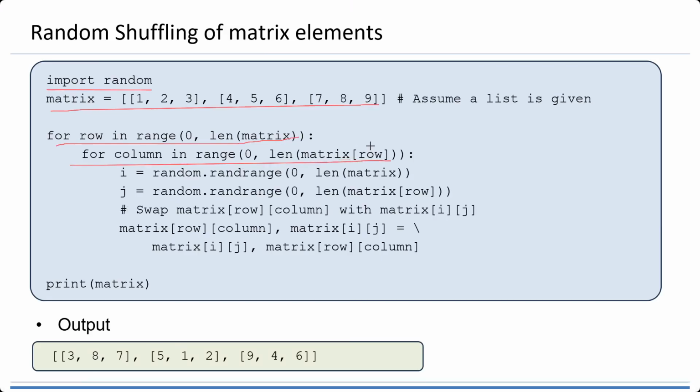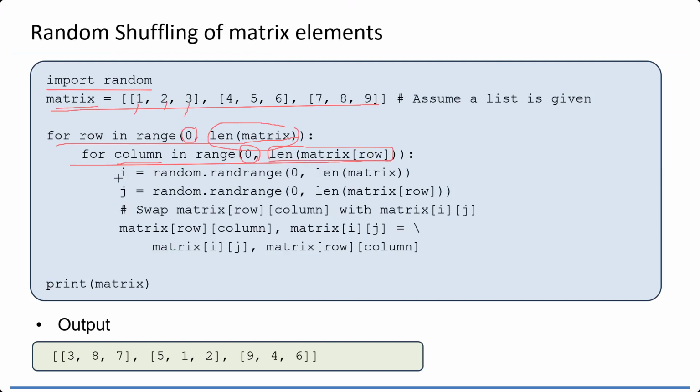The two for loops mean we go over the elements from index 0 until the length of the matrix. Okay, so this is the row. And for the column, this is also the row. Now we have the length, which is the length of the elements in the particular column.